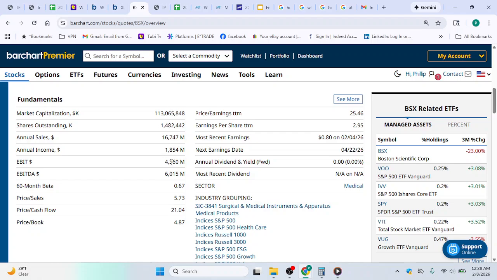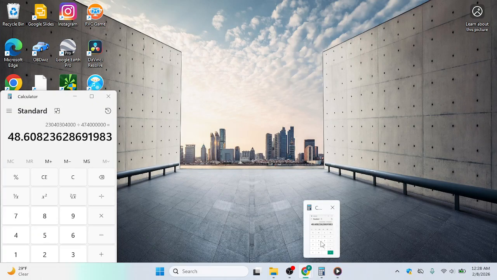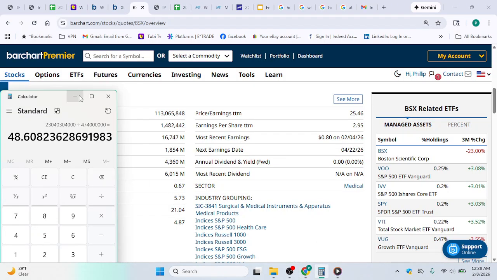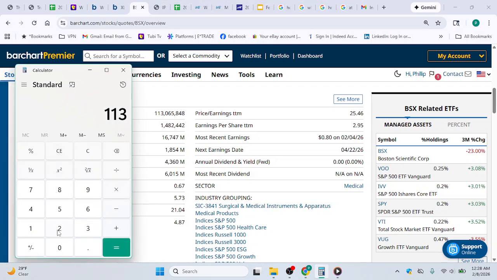So we could take a look at that with our calculator. Let's just pull that up real quick. And we can see that if we take market cap, which is $113 billion, right? Big company. Let me type this in real quick.